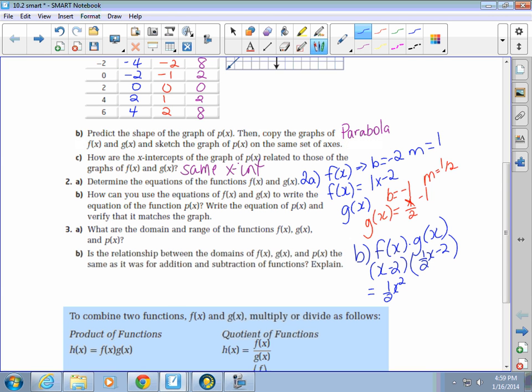It's going to be negative x. And then -2 times -1 is a positive 2. Did I write that down wrong? Yes, I did. I wonder why it's not equaling. It should have been x minus 2 and 1/2 x minus 1.